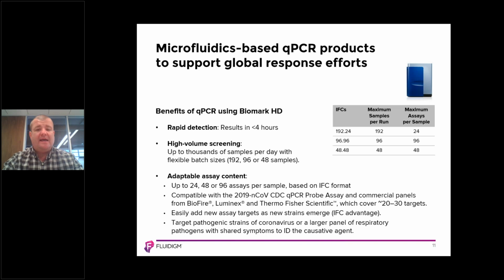The most popular IFC for pathogen and viral detection is the 192.24 IFC because it's the IFC that runs in the fastest mode, and it's the IFC that can scale in the best way to get you to more than 6,000 samples per day from extracted RNA.